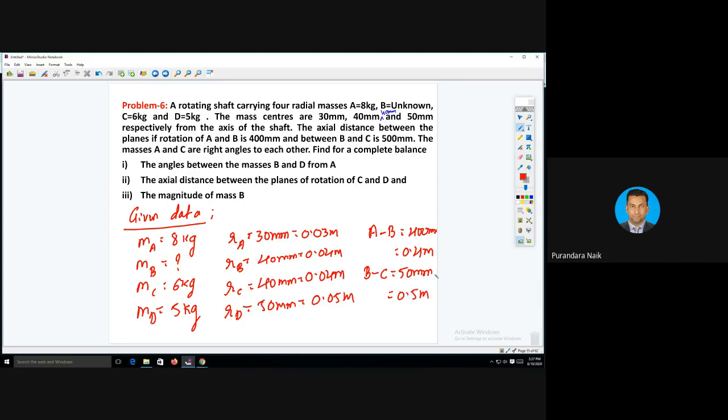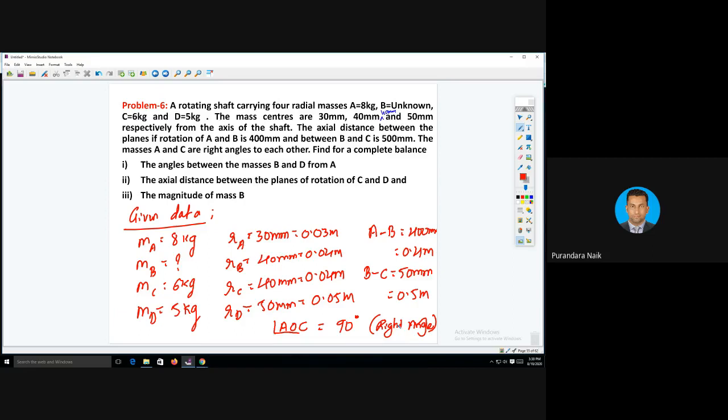The masses of A and C are at right angles to each other. One more given data is the angle between mass A and C is a right angle, that is 90 degrees, which is given in the problem. These are all the data given in the problem.